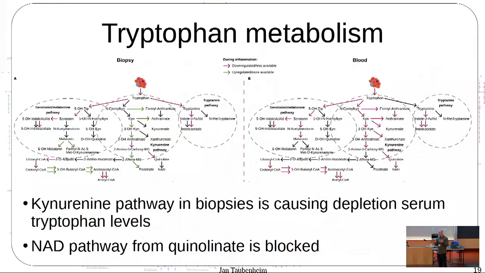So we see that the gut tissue, not the blood, is actually contributing to the loss of tryptophan levels in the blood.